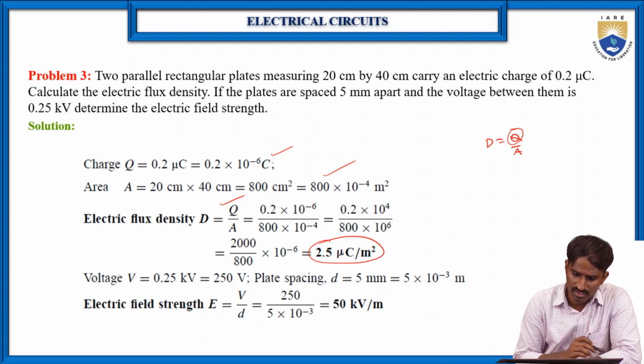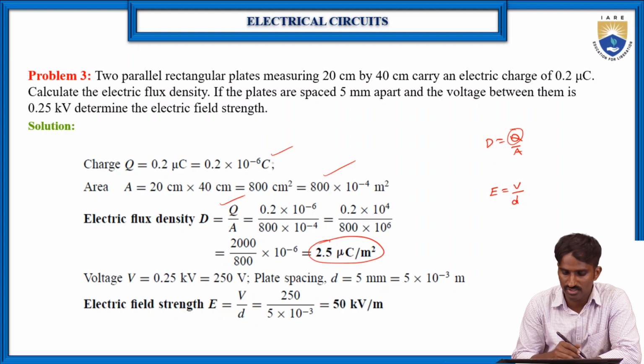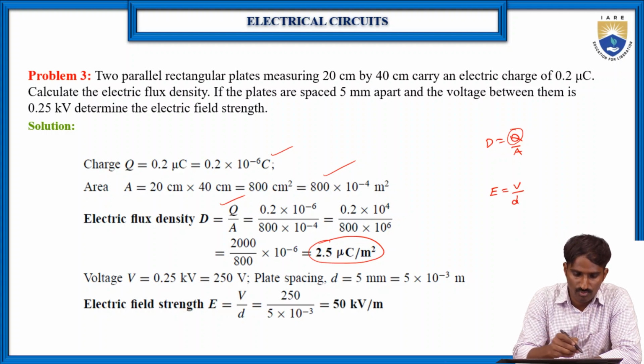Then after that, they are asking us to determine the electric field strength. So that is E is equal to V by D. That also we have discussed. Here V is the potential difference between the plates and D is the distance between the two plates. Of course, they have given the potential difference here, it is equal to 0.25 kilovolts and the distance is 5 mm.